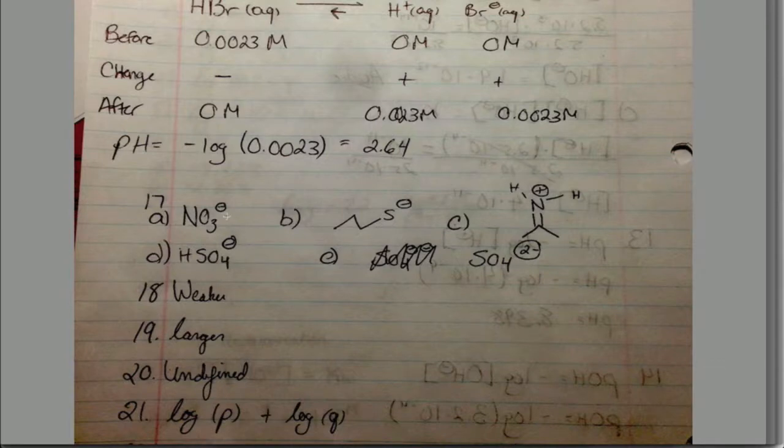It lost a proton. What's the sign on the proton? Positive. So that's how you know it's negative, is my point. If you start neutral and you lose something positive, you become negative.